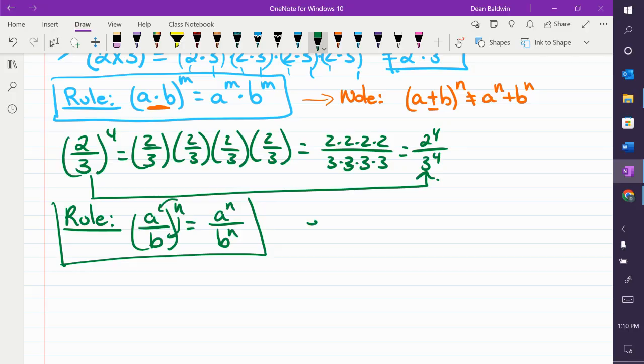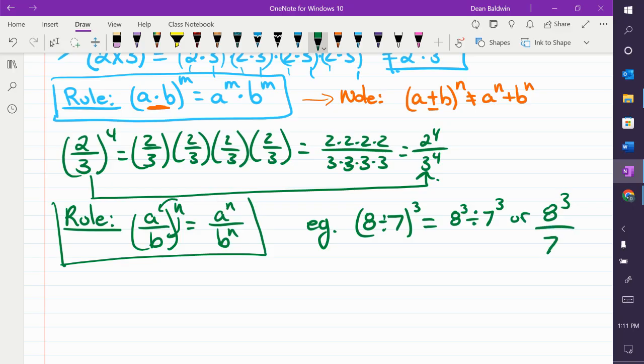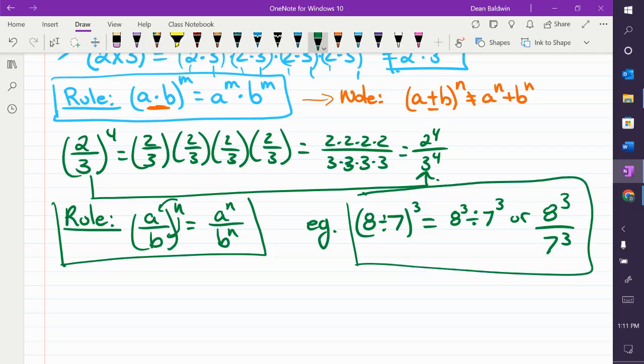So if you have 8 divided by 7 to the power of 3, and I just wanted the answer in powers, I don't want it in standard form, that's going to be 8 to the power of 3 divided by 7 to the power of 3. That's all the same thing.